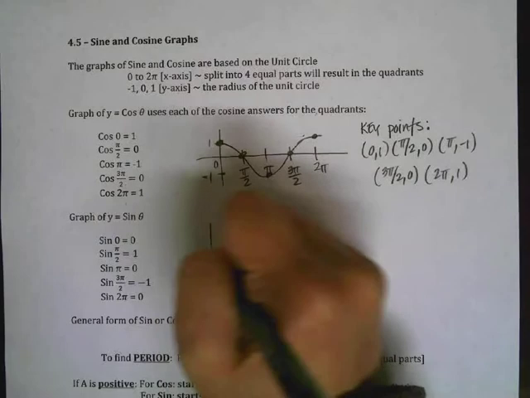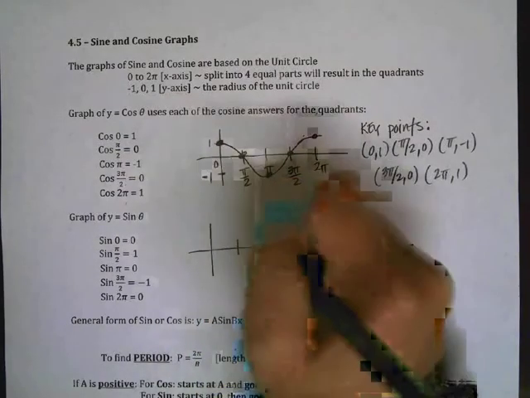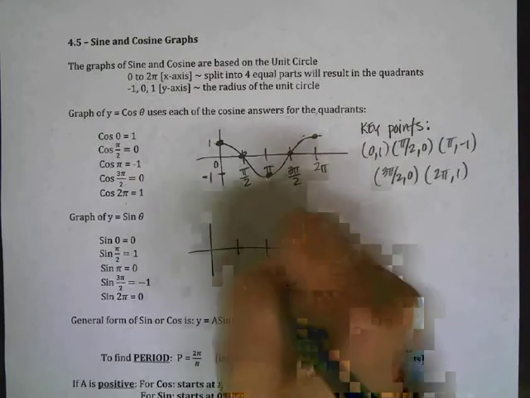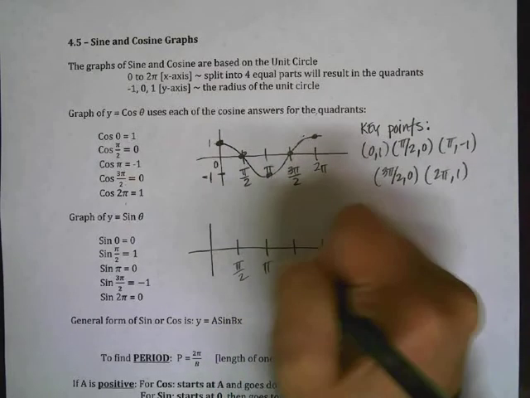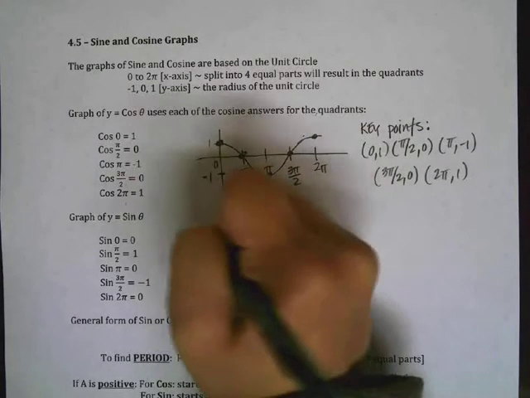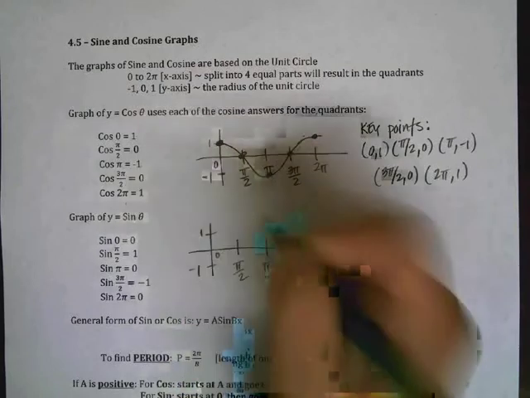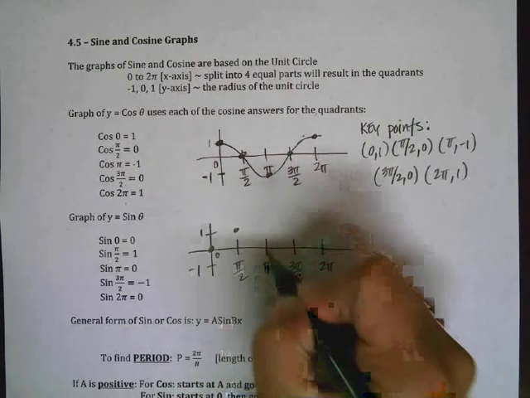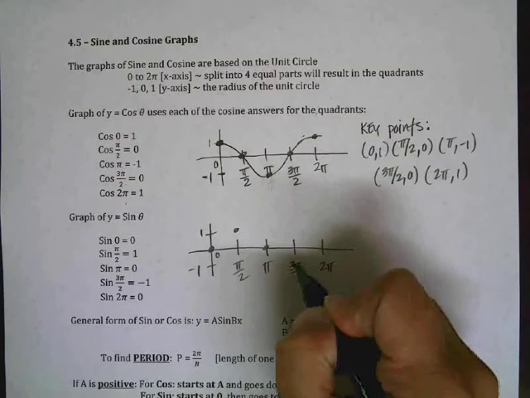So for the sine, it's the same thing. 1, 2, 3, 4. Split it up. Counts by ones. And this time sine starts at 0, goes up, and then back down.